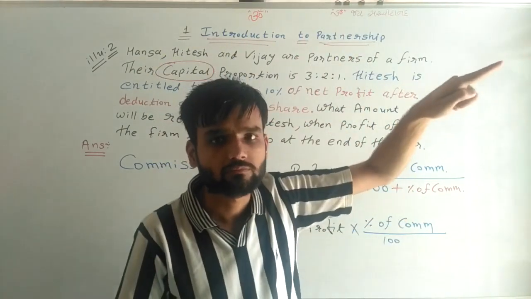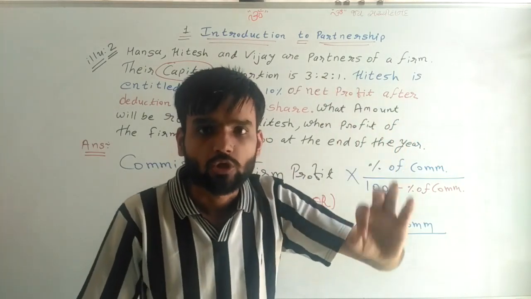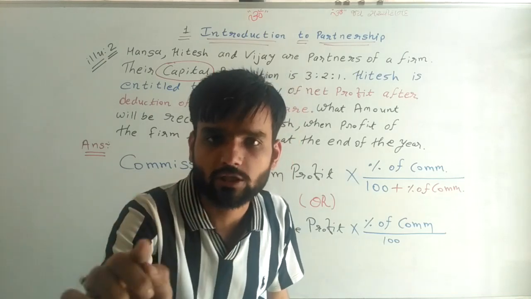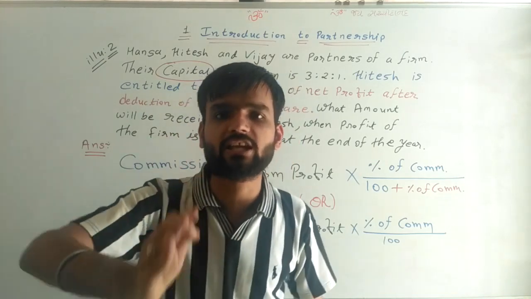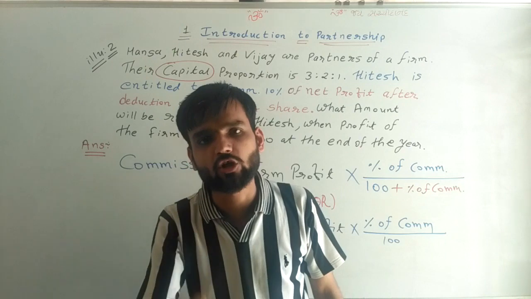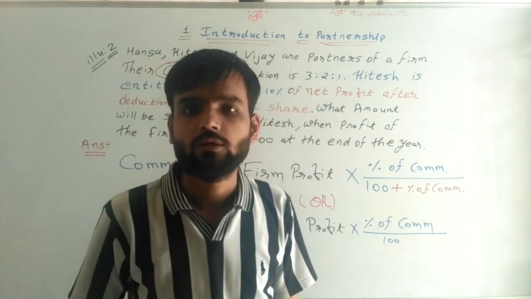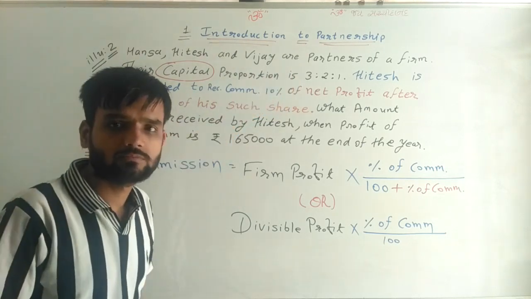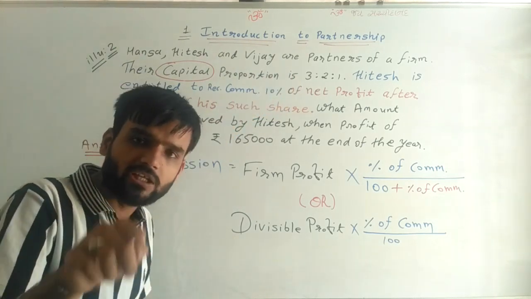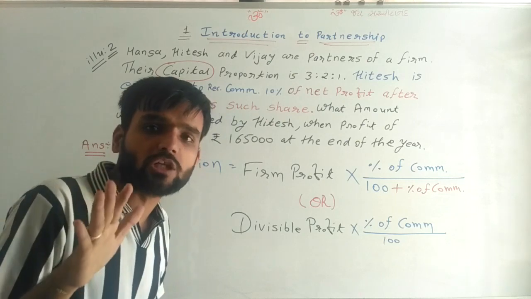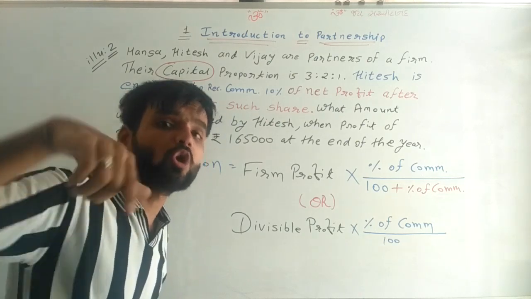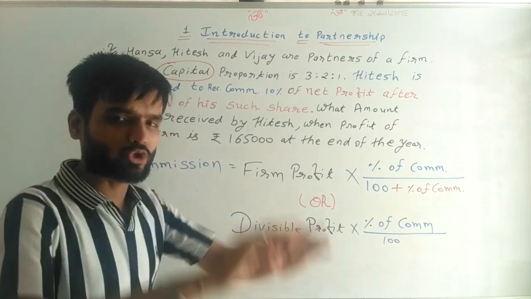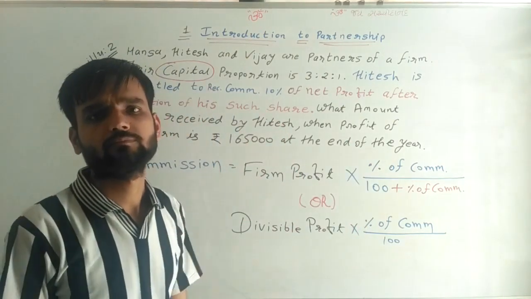If the profit and loss proportion is not mentioned in the partnership deed, then equal proportion is taken as the profit and loss proportion. So here the capital proportion is given, but we need the profit and loss proportion. Here no information is given, which means the profit and loss proportion is equal.